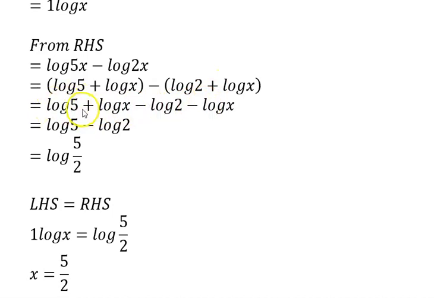So we now have log 5 plus log x minus log 2 minus log x. Something is happening here. We have plus log x here, we have minus log x here. So plus log x can cancel out minus log x. Awesome. So we'll be left with what? Log 5 minus log 2. Beautiful. Log 5 minus log 2.